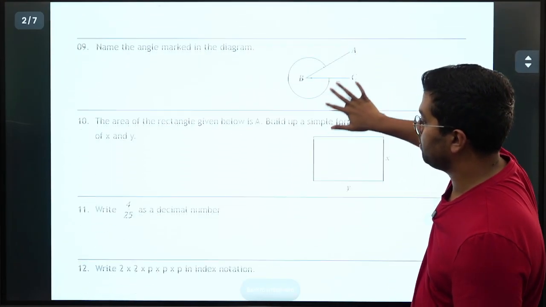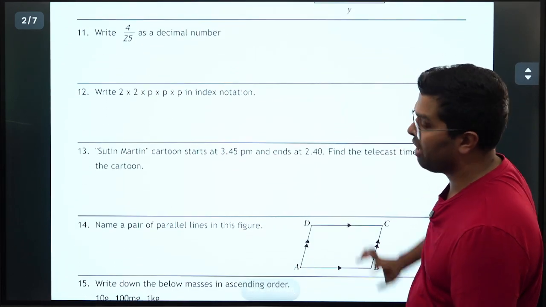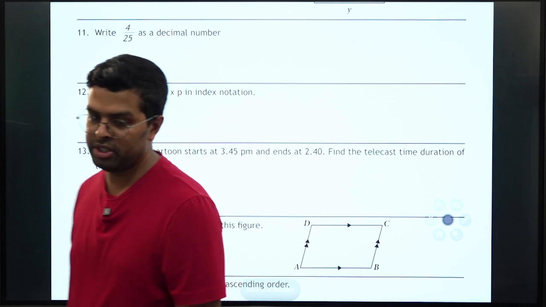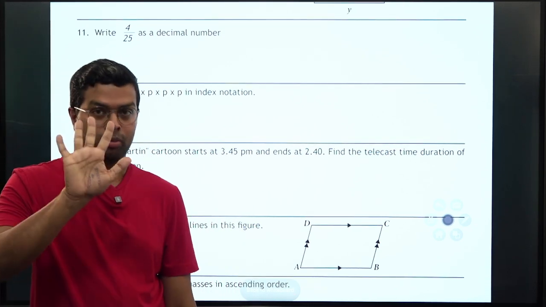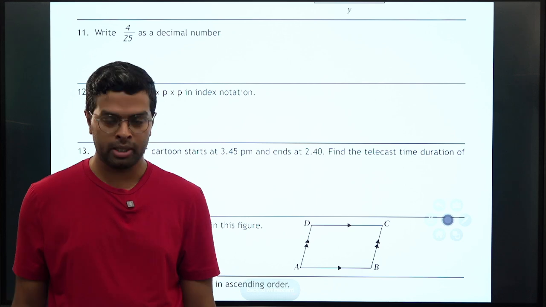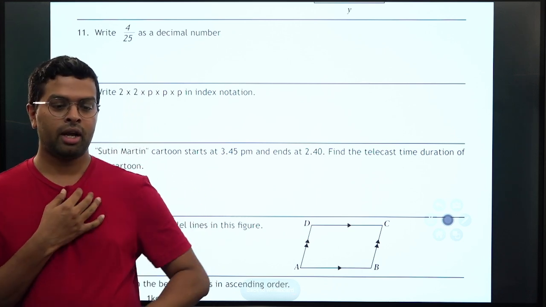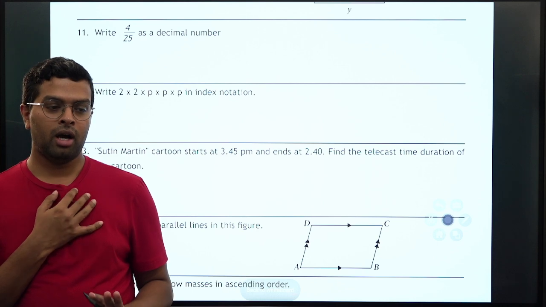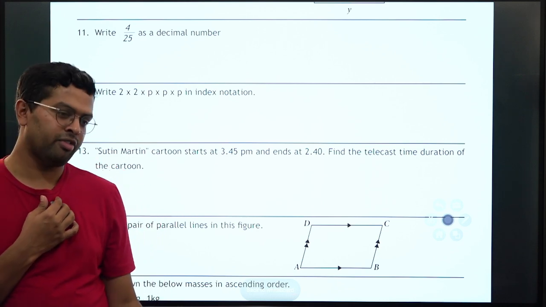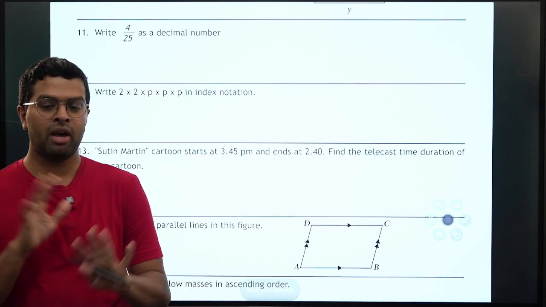Question number 11. You need to remember we have not covered all the lessons relevant to the second term test for the moment. There are some more lessons to be completed. But when it comes to this paper discussion, most of the questions in this paper are from the lessons which we have already covered.